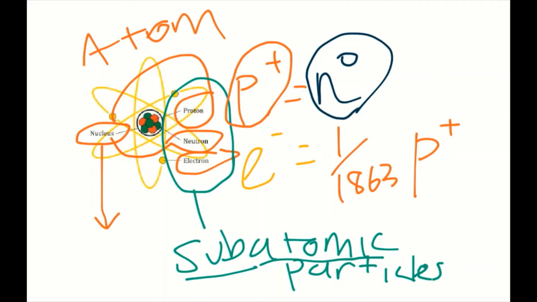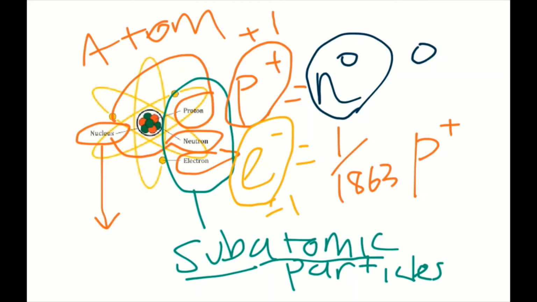Last but not least, the electron can be written as E minus because it is negatively charged. And to be more specific, a proton has a +1 charge, a neutron has a 0 charge, and an electron has a -1 charge.